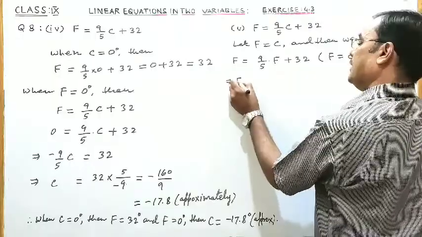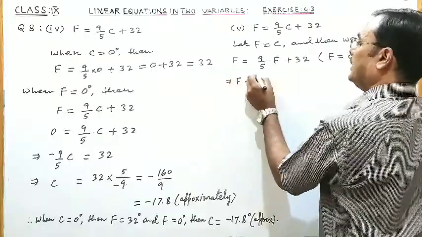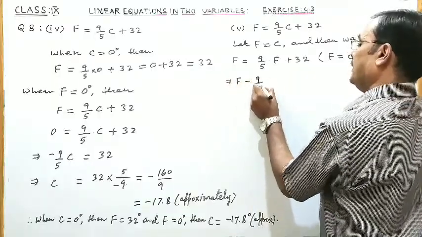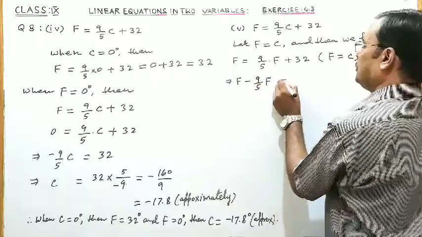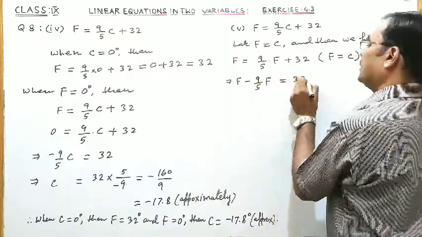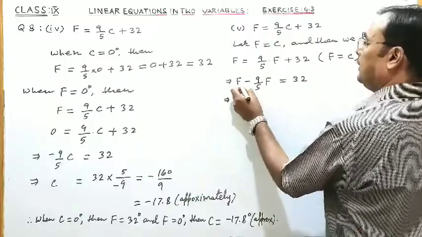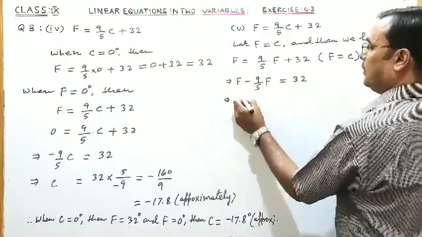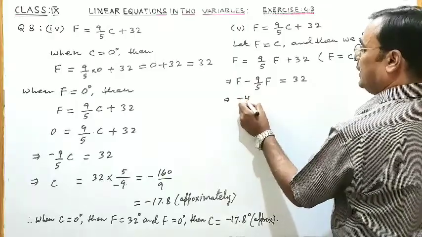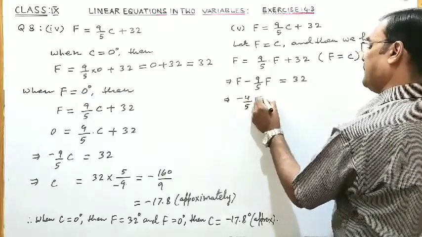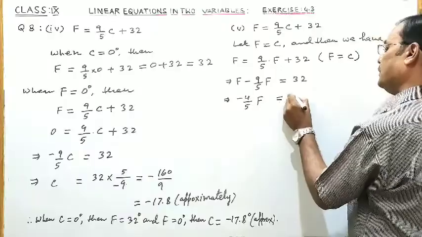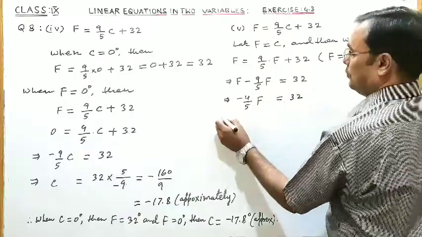This implies F minus 9 by 5 into F is equal to 32. 5F minus 9F, minus 4F by 5 equal to 32.